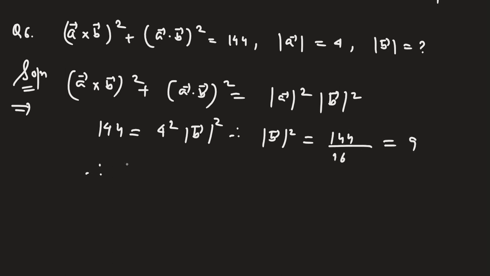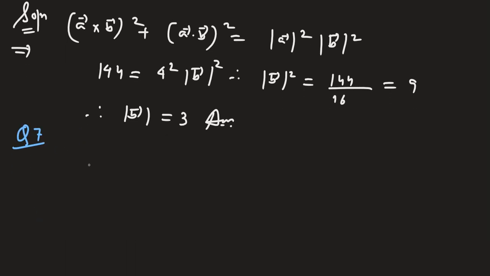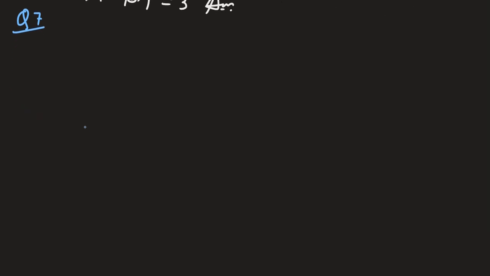Therefore mod of b is equal to 3. This is a very simple question, but sometimes you have to remember this formula. Question number 7, this is a little bit interesting.